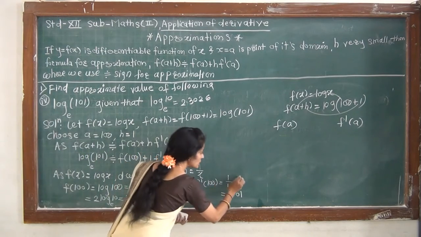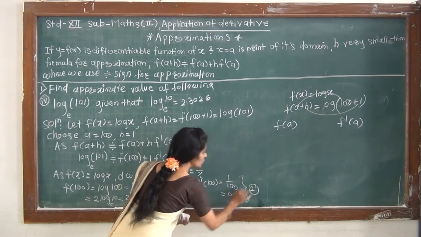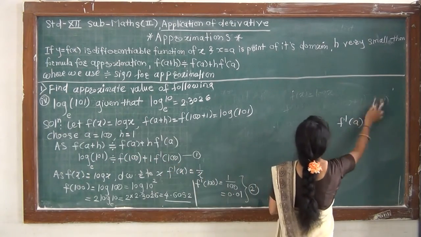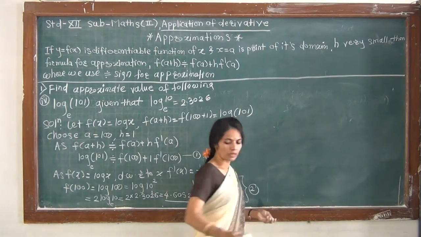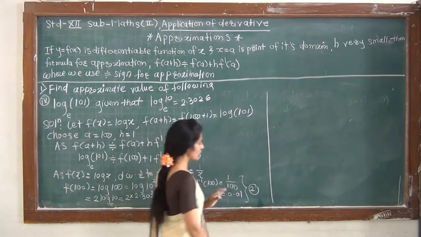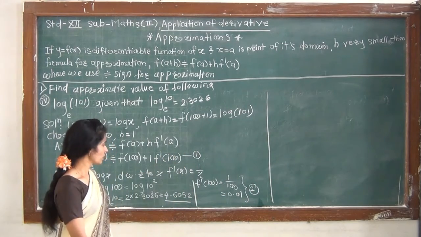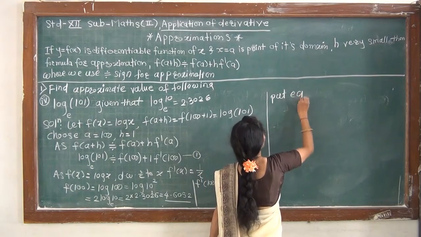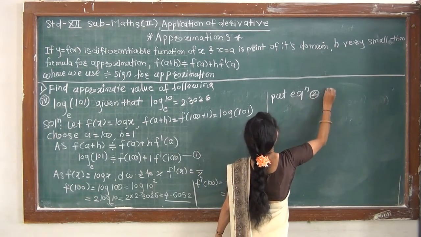We mention this equation as equation 2. Now we replace equation 2 in equation 1, and after solving this identity we get our approximate value.